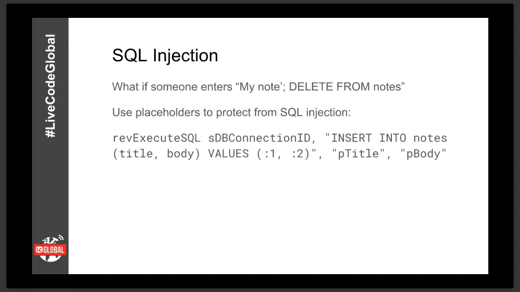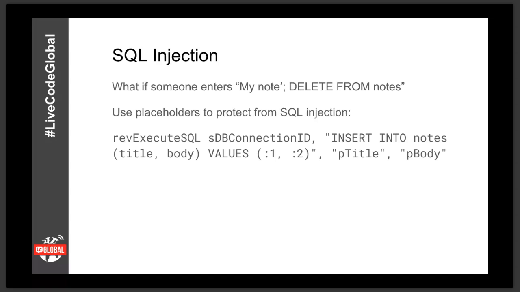In this case, the apostrophe there will be escaped with a \apostrophe, and that means that it will be treated as an apostrophe rather than a closing apostrophe, and everything will happen as you would hope for. So it's pretty important to be aware of that, and it's a pretty big security hole if your app doesn't take care of SQL injection and using placeholders.